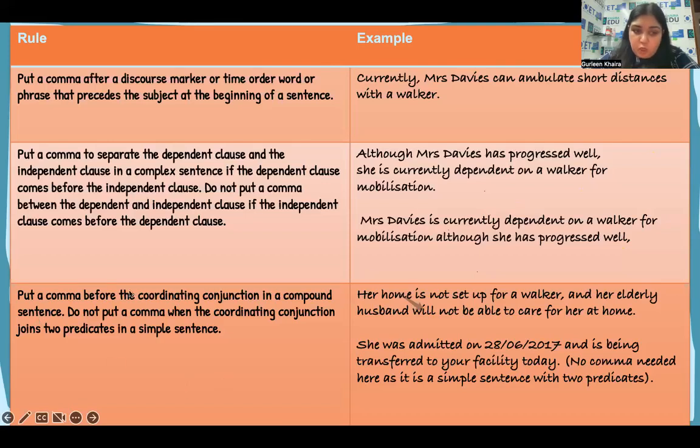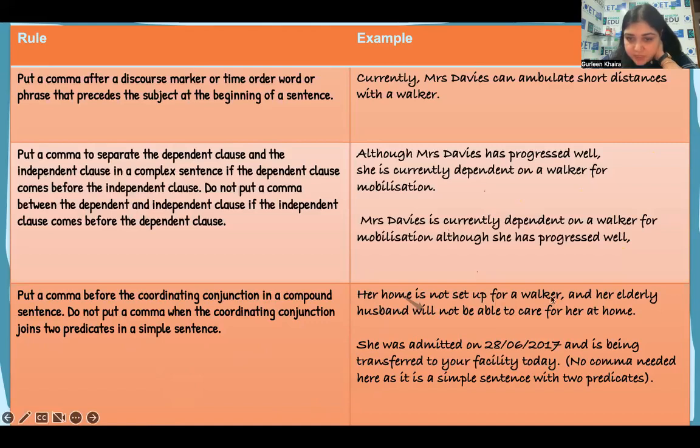Then put a comma before the coordinating conjunction in a compound sentence. Do not put a comma when the coordinating conjunction joins 2 predicates in a simple sentence. See, a simple sentence has 1 subject. A compound sentence will have 2 subjects that you're joining together. Now let's see the examples.